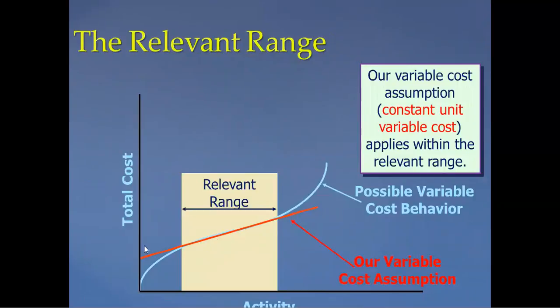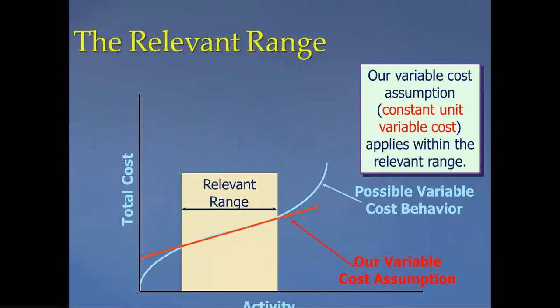If we have this line, at any level of activity, let's say right here, whatever that level is, we can go up until it hits the red line and then go across, and then we can find out what the cost is. So by drawing this line here, we can estimate what the cost will be at any level of activity.